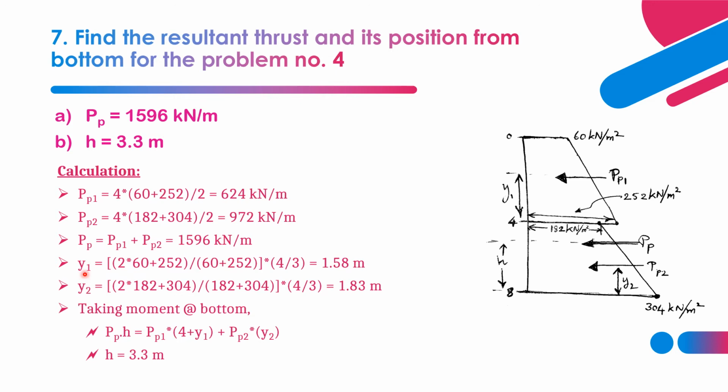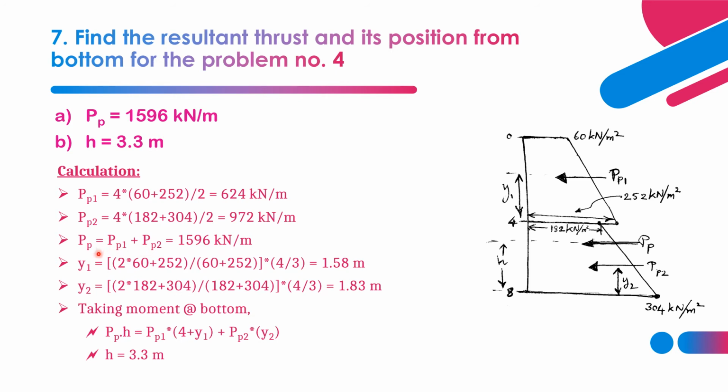First we shall calculate the position of PP1 from the base of the first layer, noted as Y1. How to calculate that? This is nothing but the centroidal distance of the given shape, which we found to be a trapezium. For a trapezium, the centroidal distance from the base is given by 2 into top width plus bottom width, that is 252, divided by the summation of both widths, 60 plus 252, into 4 by 3.